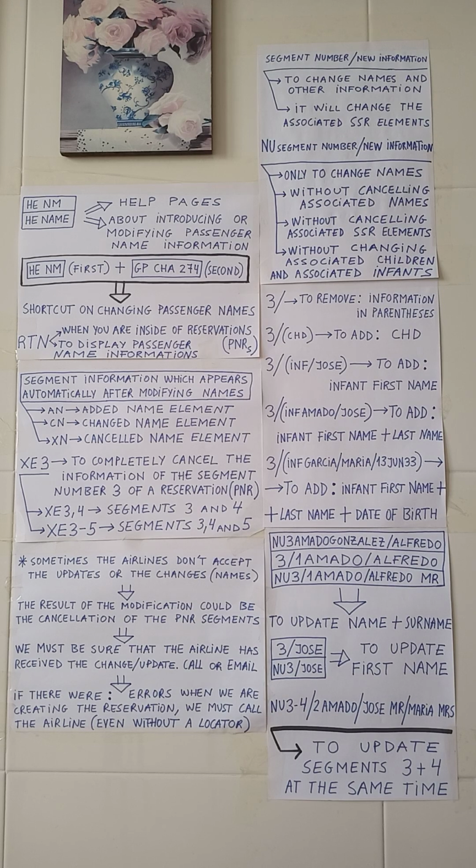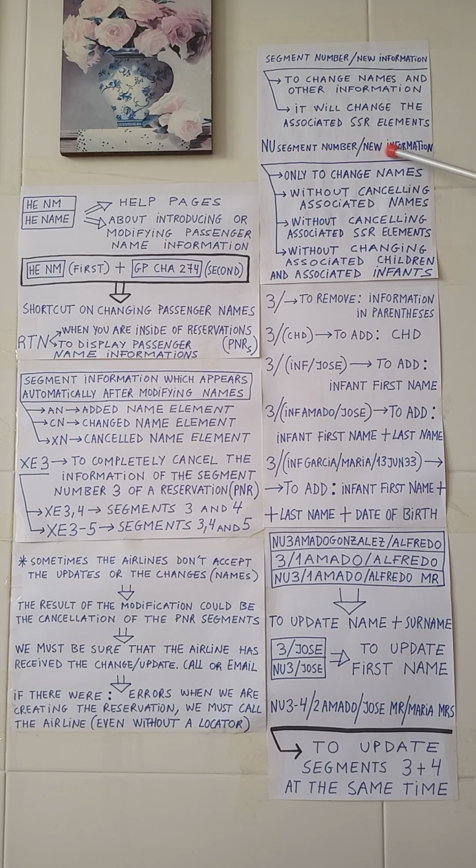I remind you that Amadeus sometimes generates informational segments automatically to complement what we have written in the reservation. With this method of making modifications, those complementary pieces of information that Amadeus automatically adds are also affected.